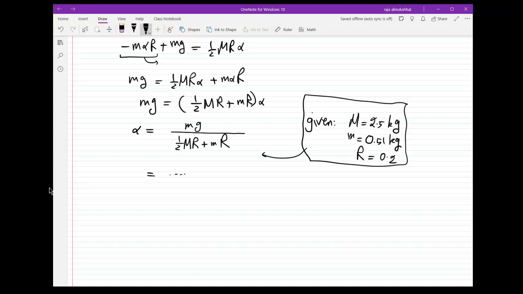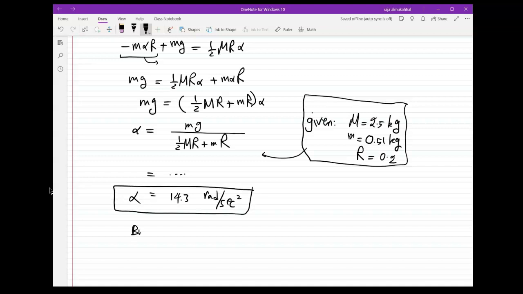I'm going to give you the final answer that I've gotten: 14.3 radians per second squared. There we go, I have alpha. Now, A is equal to alpha R, so I can easily find the linear acceleration of the falling mass.